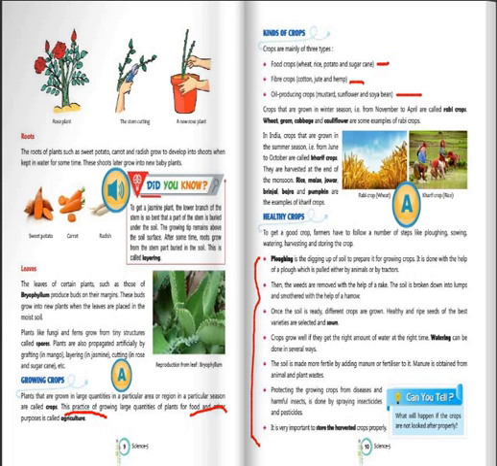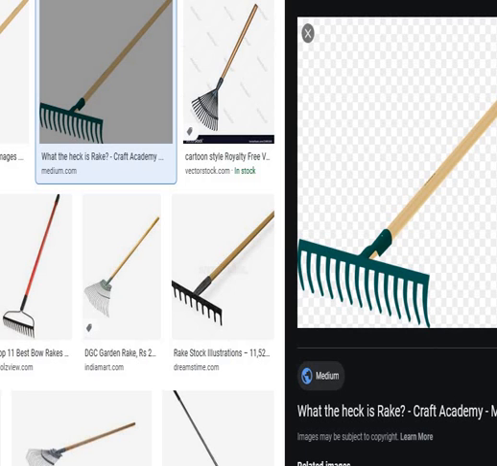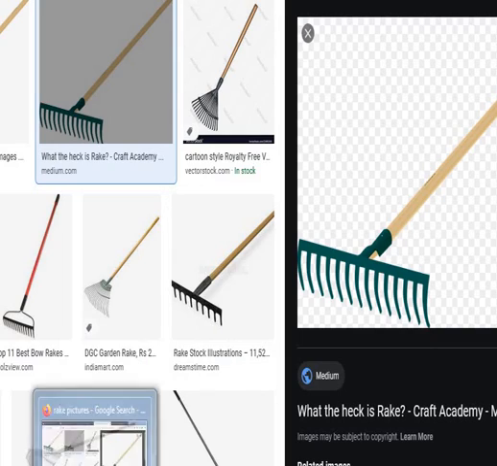Now what are weeds? Weeds are the leftover parts of the plants of the previous season's crops. And now what is a rake? Let me show you some pictures of the rake. This is called a rake, a metallic or wooden stick with metallic teeth in the front.